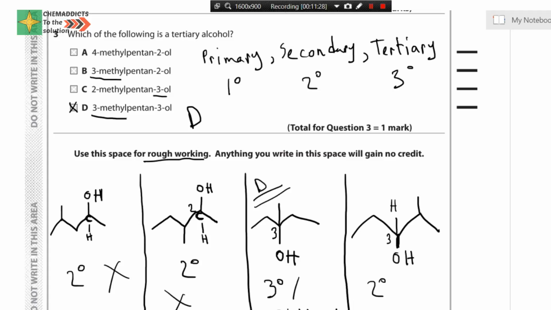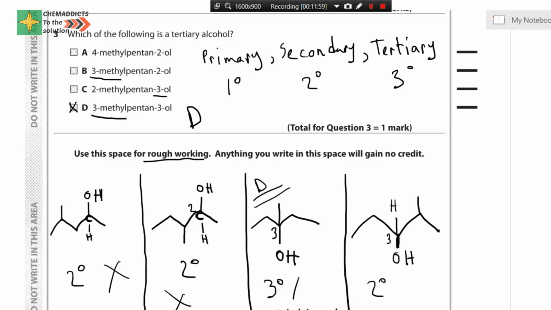So how am I supposed to know whether this is attached to hydrogen or not? Well, as you can see, since these two bonds are already occupied by other groups, there is no possibility for hydrogen to get bonded with this carbon atom. So that is why this makes the ideal answer.